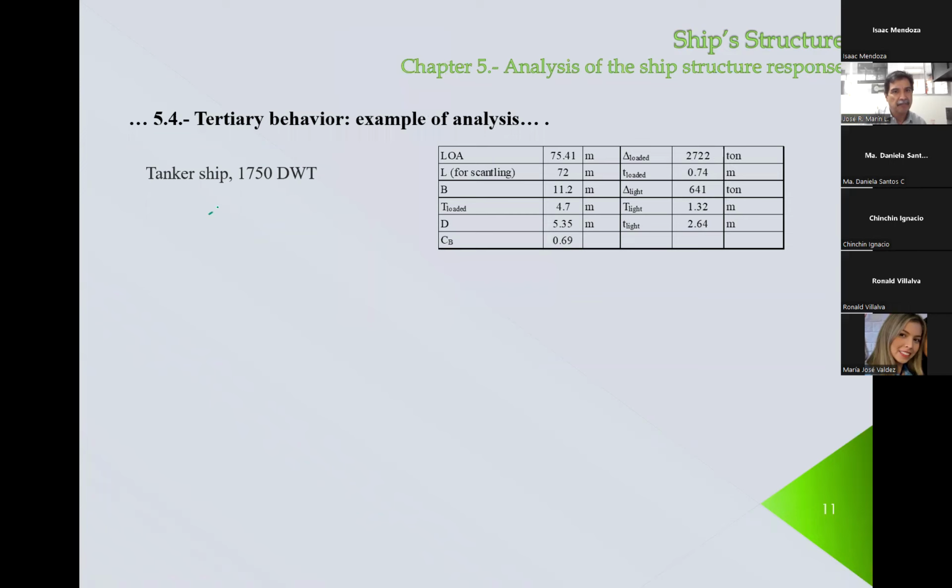So you have the ship, like this. So about here, this is 1.32. And then the distance from here to here, that's the trim, that's 2.64.